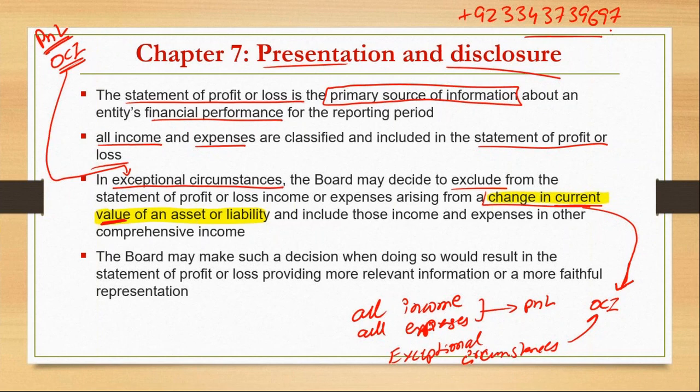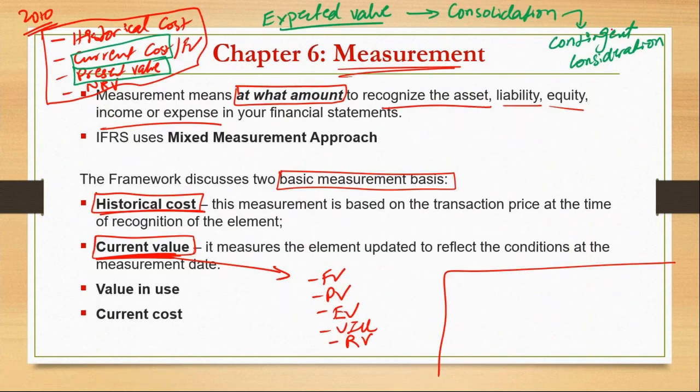Cindy is saying, what do we mean by change in current value? Cindy, if I go back, this is the current value which we discussed earlier in chapter 6. This means that the fair value changes can be taken to OCI, the present value changes can be taken to OCI, the expected value changes can be taken to OCI, the value in use changes can be taken to OCI, the residual value changes can be taken to the OCI if the accounting standard says so.